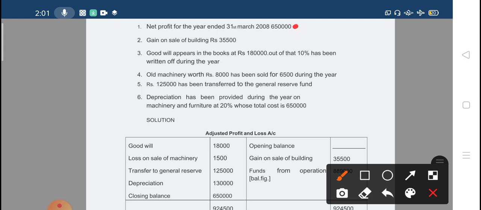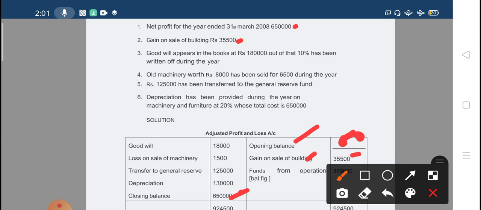That is the closing balance. It has to be taken at the debit side of the adjusted profit and loss account. Here it is taken as 6,50,000. Then gain on sale of building, 35,500. Opening balance is not given in the problem, that's why it is 0 here.